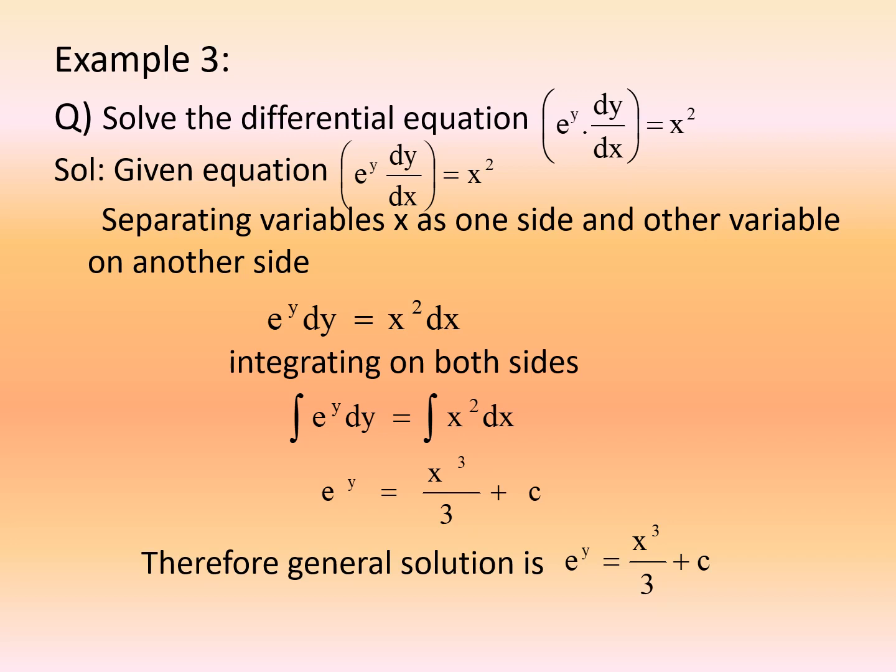As we saw in the previous slide, integral x power n can be written as x to the power of n plus 1 by n plus 1. Using the same formula here, integral x square dx becomes x cube by 3 plus c. Therefore, the general solution is e power y is equals to x cube by 3 plus c.